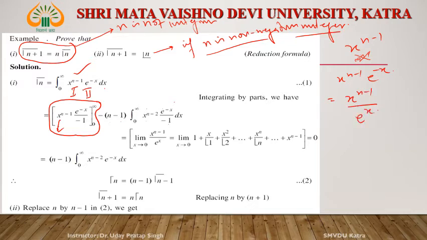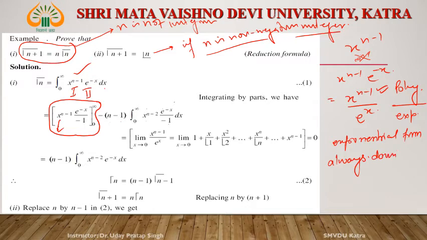See, this is a polynomial. What is the numerator? Numerator is a polynomial. What is the denominator? Denominator is exponential. An exponential function always dominates the polynomial after a certain step.